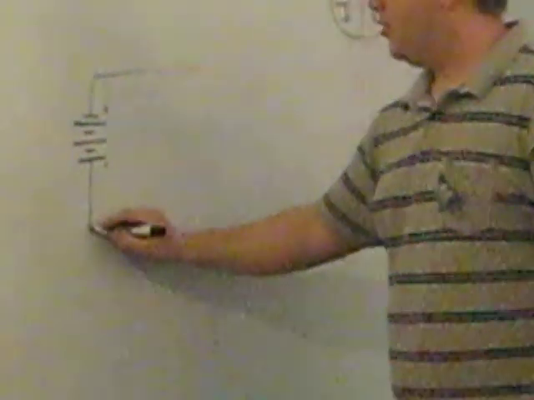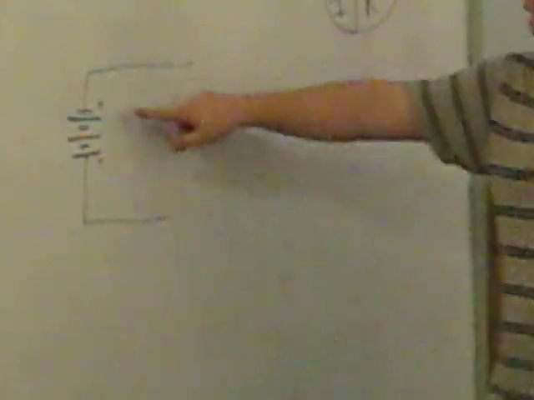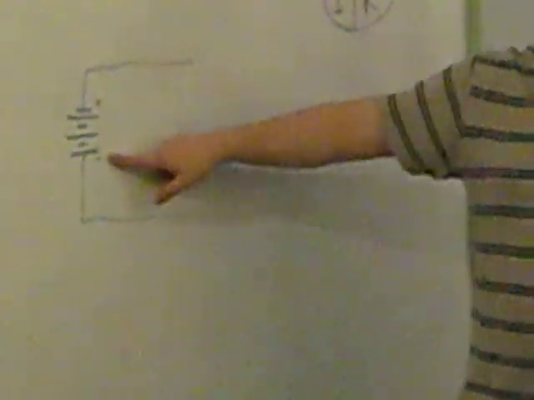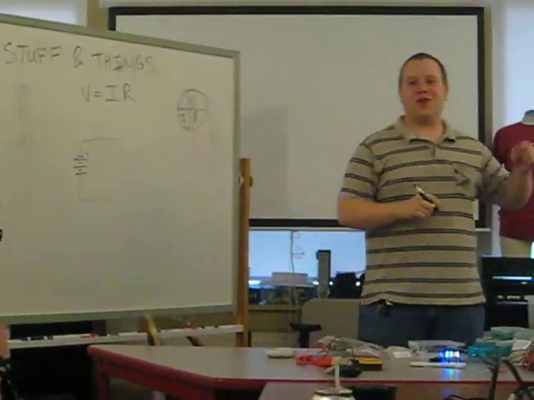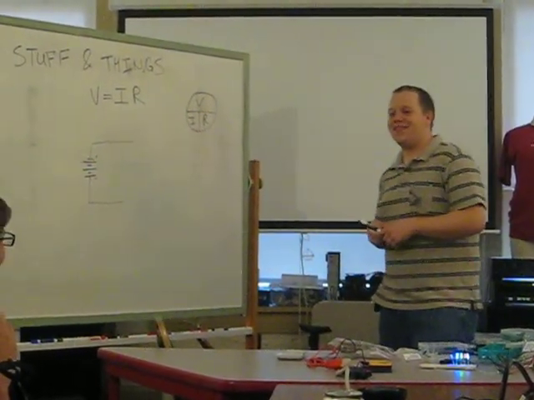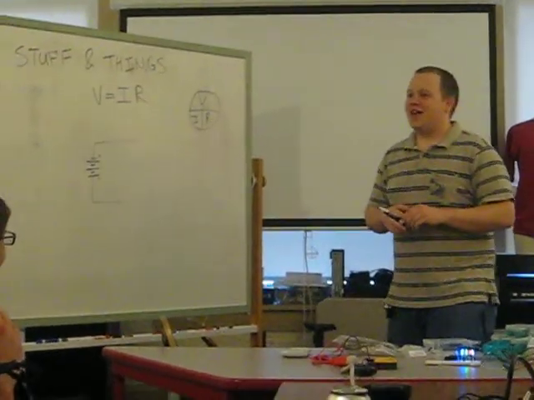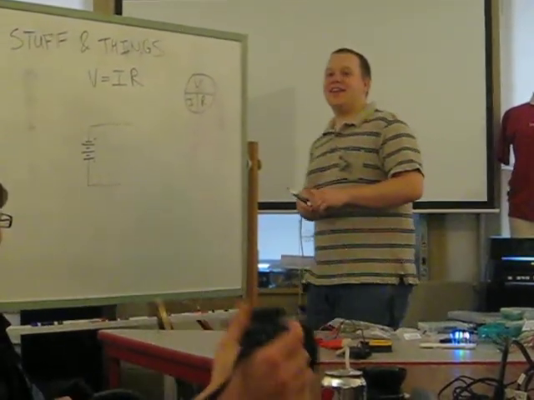Wires are just lines. We need to connect things. You plug in your toaster, that wire is this. This is one side of the outlet, this is the other side of the outlet. Except a toaster is a horrible example, and wall outlets are a horrible example because we're not dealing with that type of current. What's a AA battery like?